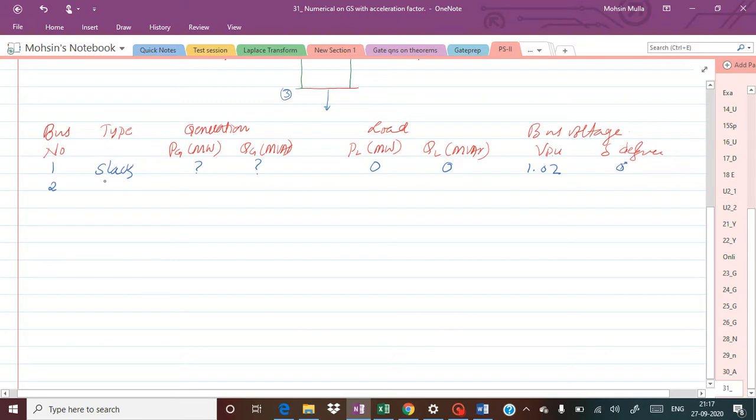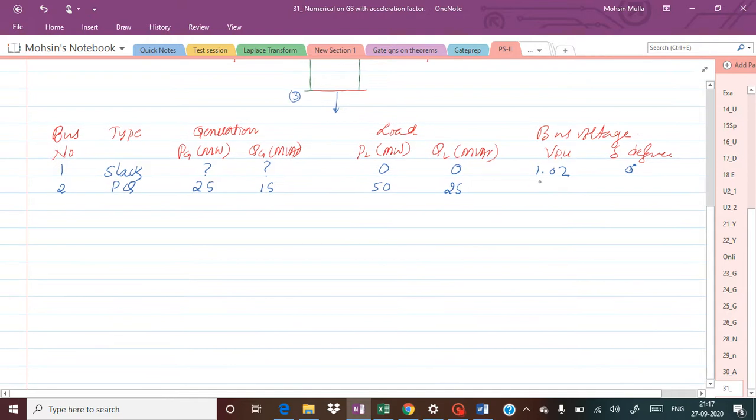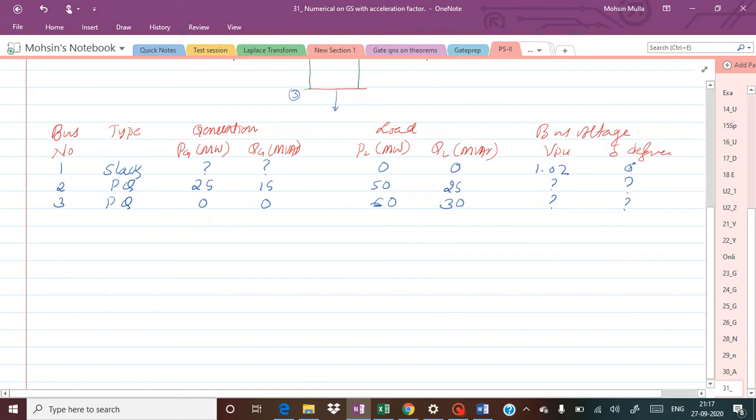The second bus is a PQ bus, that means P and Q values are known, and it has a load of 50 megawatt and 25 MVAR. Here voltage and phase angle are unknown. The third bus is also a PQ bus. There is no generator, so 0 0, but there is a load: active load is 60 megawatt and reactive load is 30 MVAR. This is the given information.